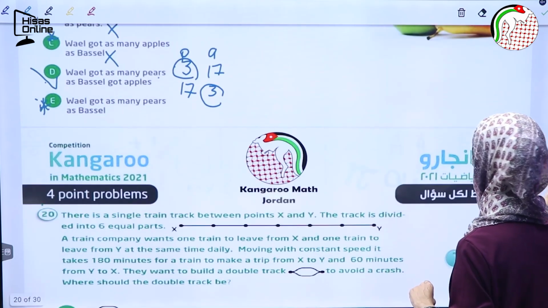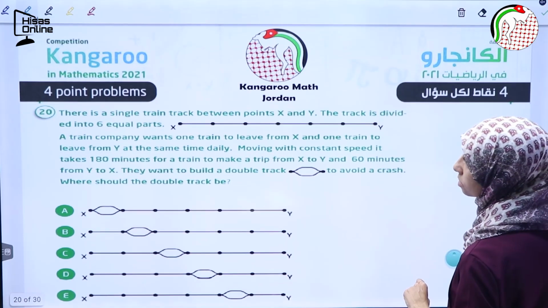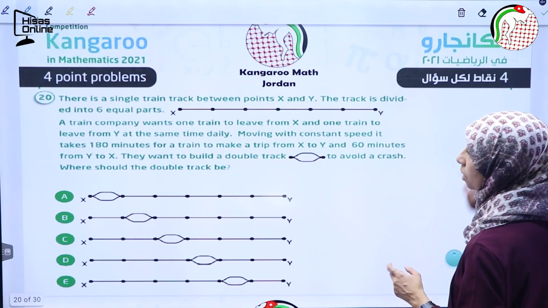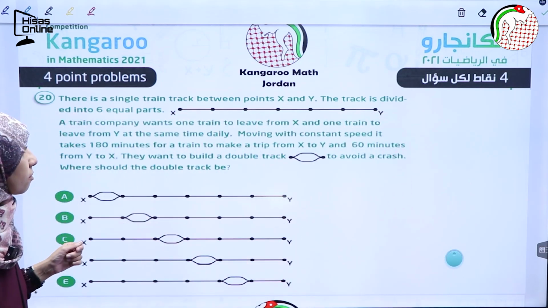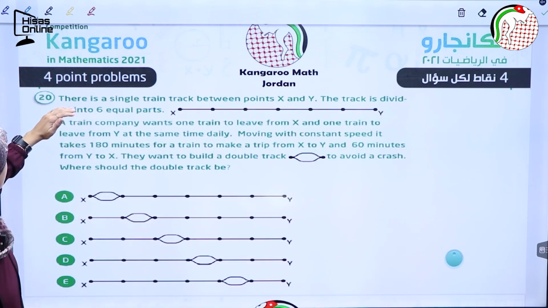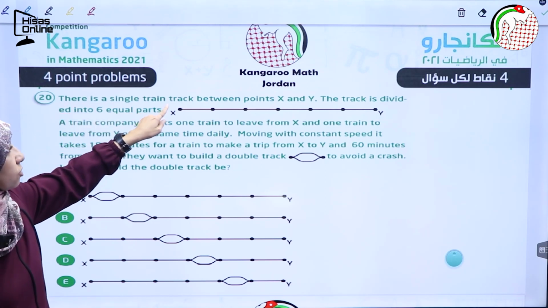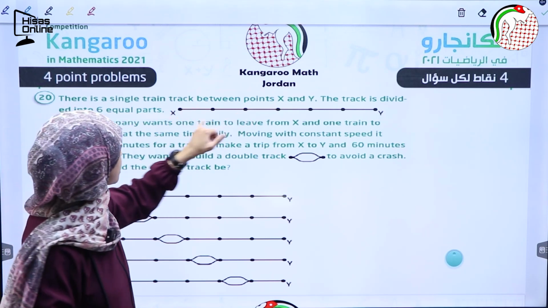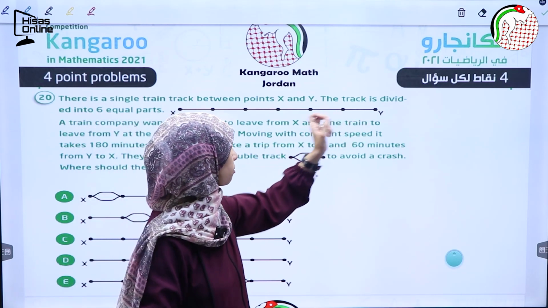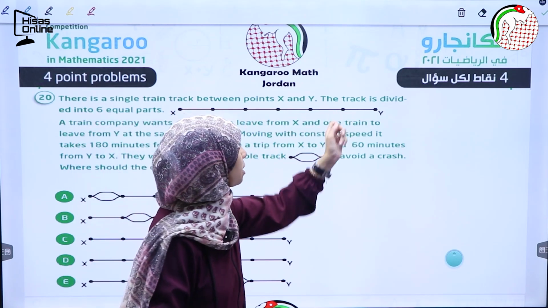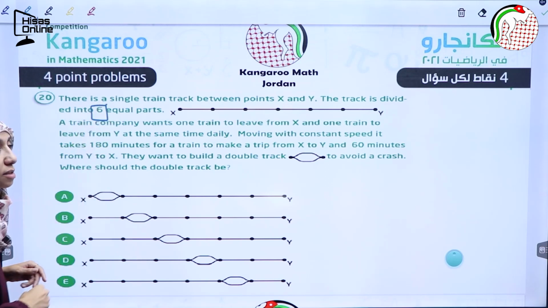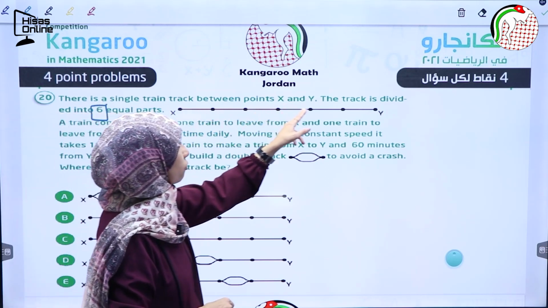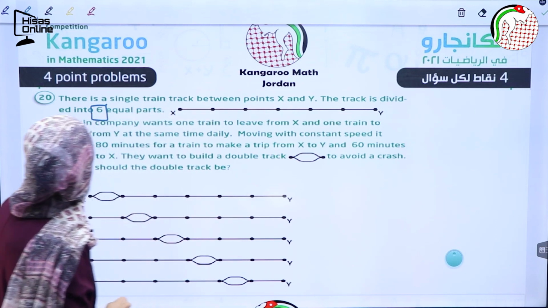And the last question now, question 20. Let's see. There is a single train track between points X and Y. This is the track. The track is divided into 6 equal parts: 1, 2, 3, 4, 5, and 6.